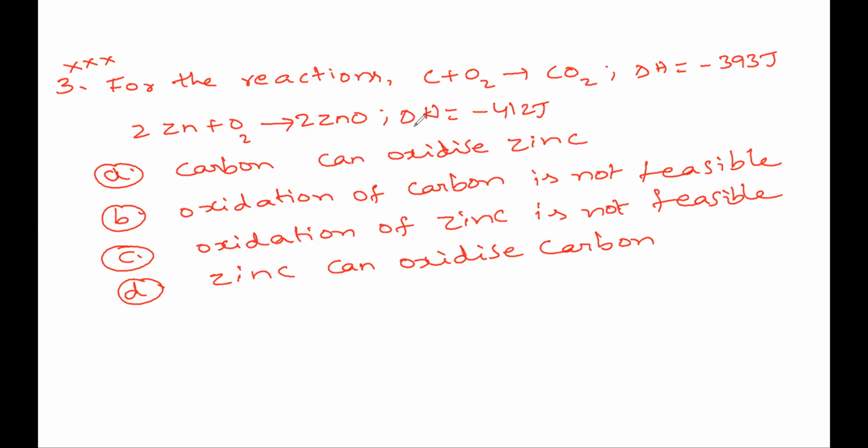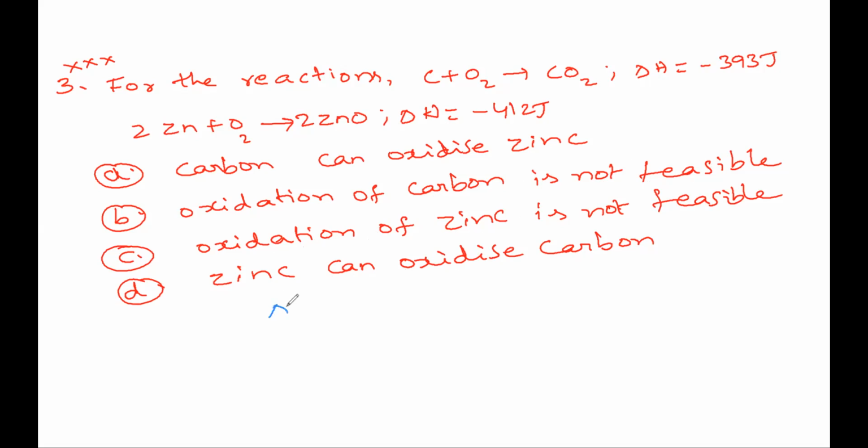So they have given option 1, carbon can oxidize zinc. Option 2, oxidation of carbon is not feasible. Option 3, oxidation of zinc is not feasible. Not feasible means non-spontaneous. And zinc can oxidize carbon.